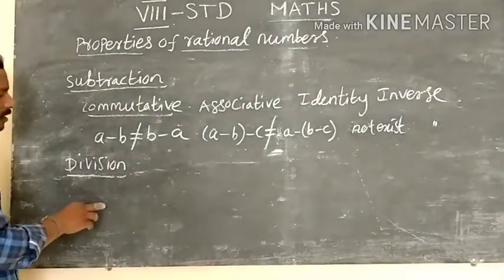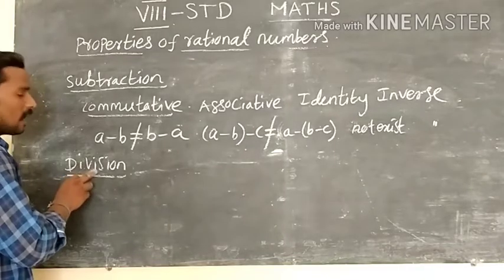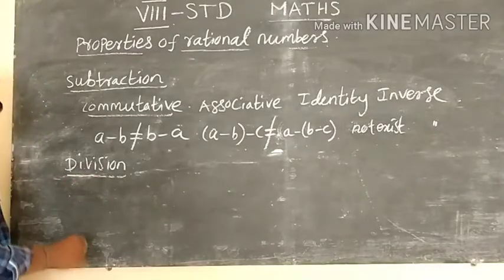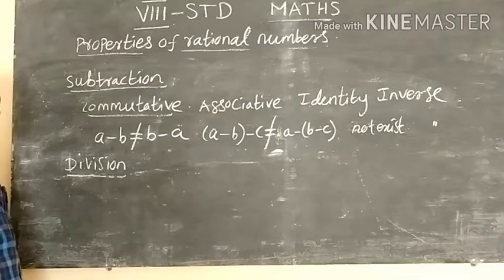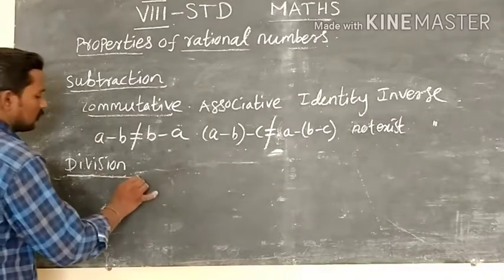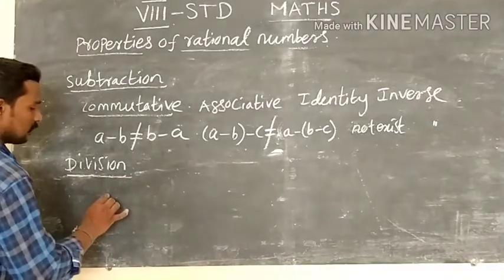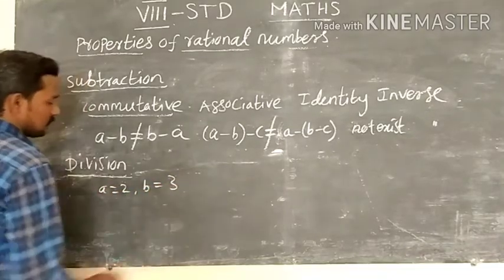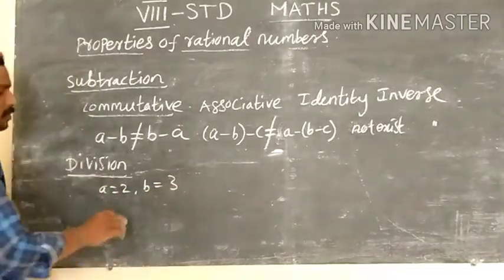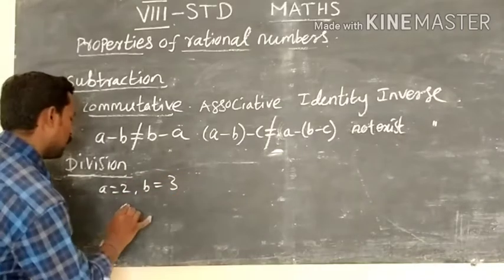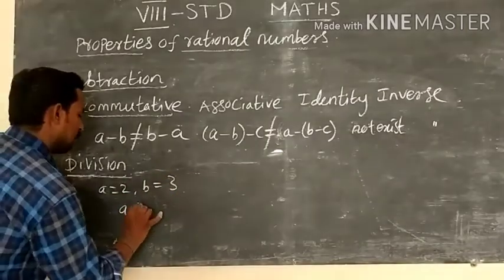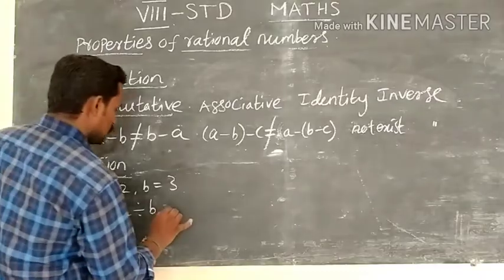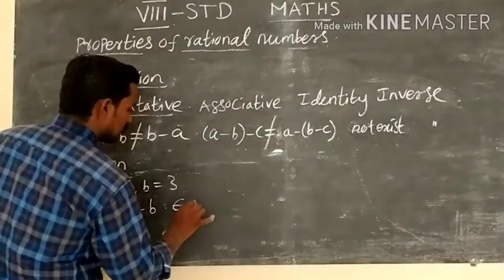If you take integers, the closure property is not true under division. So it is only true for the rational numbers. The example is, suppose you take a is equal to 2, b is equal to 3. The division of two integers must give an integer. So a divided by b must be an integer.